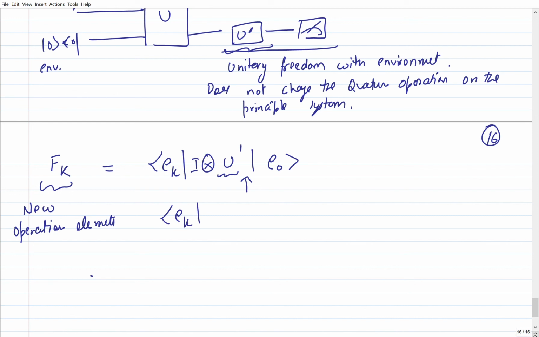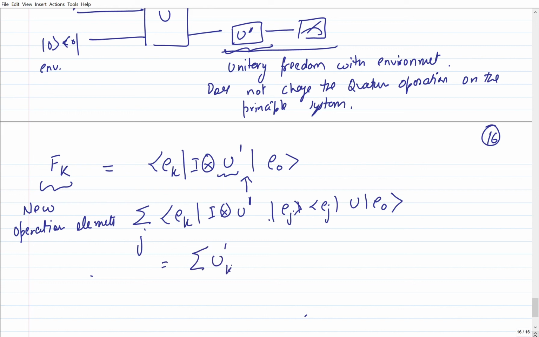So I'll get, I can take this summation out, or in other words, I have this guy was the old operation elements.